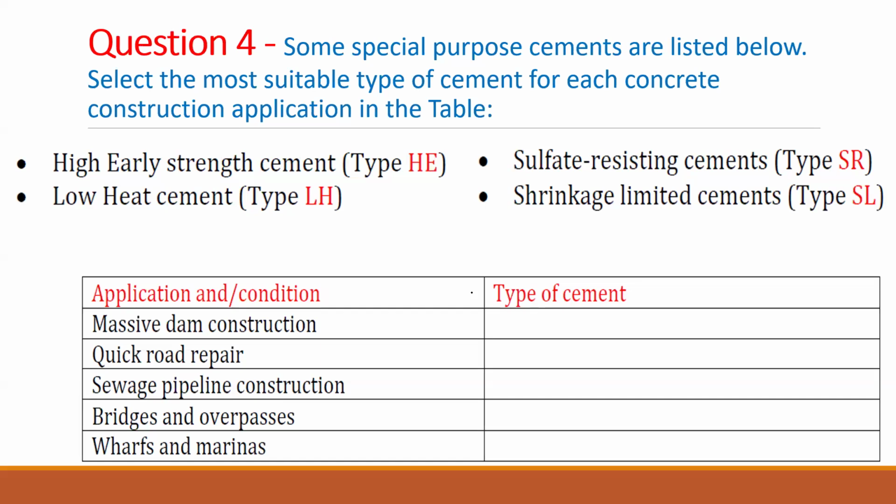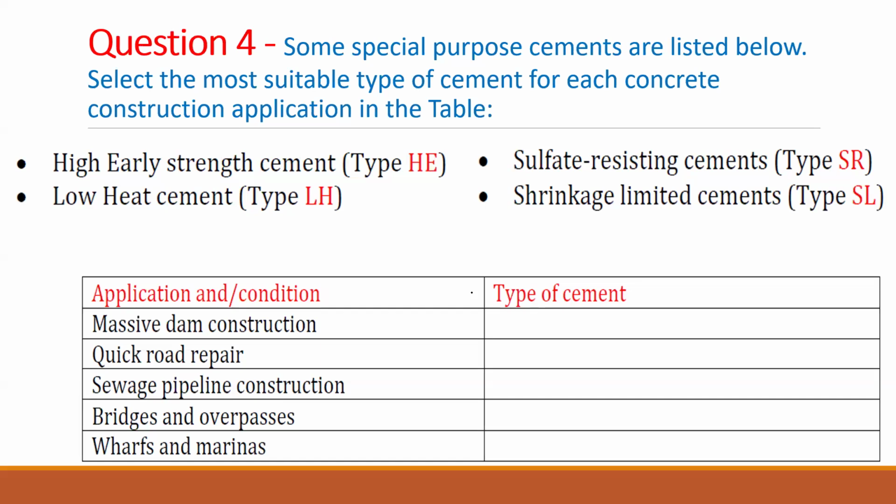When we have massive concrete, if we don't control the heat, the outer surface gets hardened quickly, and the inner material is slowly getting hardened. When you have heat, the material is expanding.